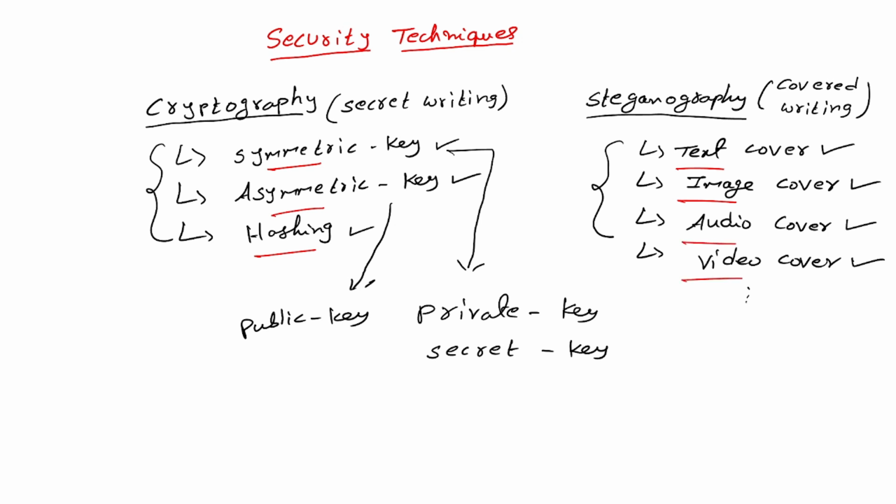We discussed only cryptography techniques: symmetric key, asymmetric key, and hashing algorithms. Symmetric key means we have only one key between sender and receiver, and in asymmetric cryptography we have two keys, public key and private key. And the hashing algorithm converts a variable length message to a fixed length message.